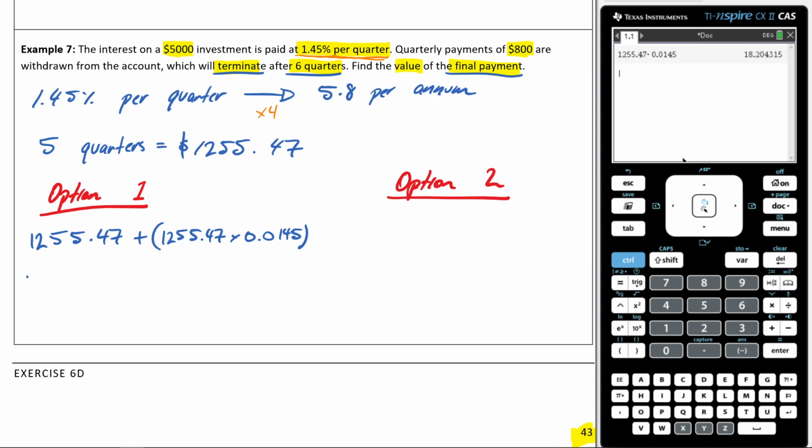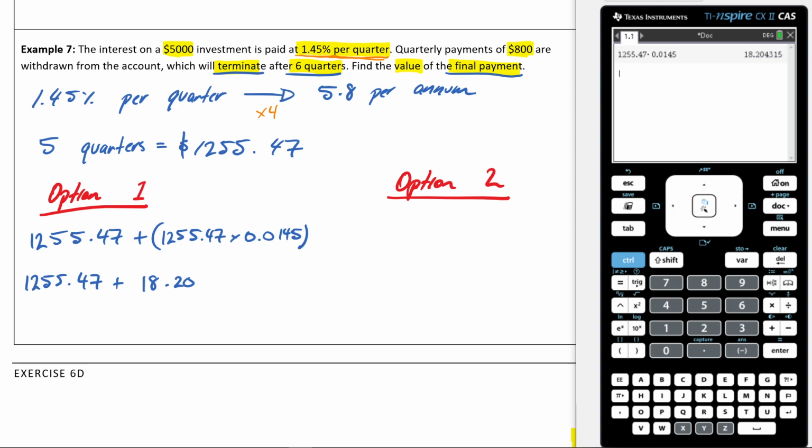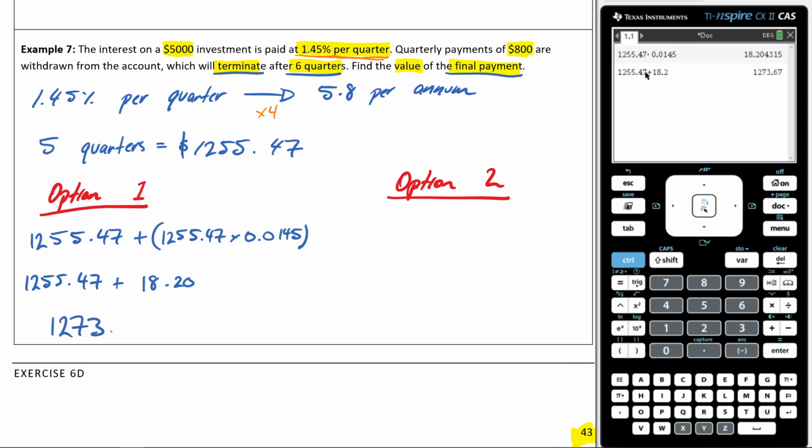So that means I've got 1255.47 plus 18.20. When I take that, I'm going to end up with 1273.67. That's what my answer is going to be.